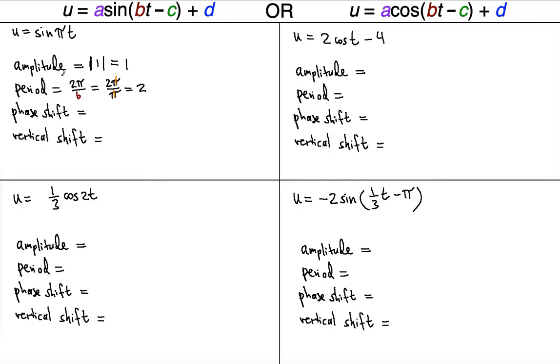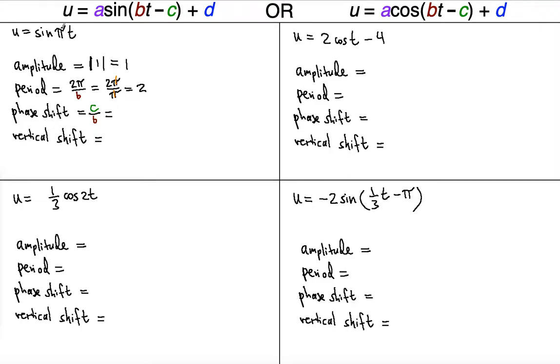Now the phase shift is going to be c divided by b. Okay, c divided by b. You might say, where's the c value here? Right? There's a subtraction of c from the product of the b times t.